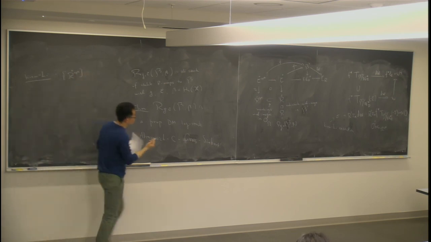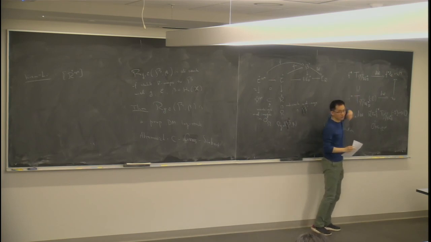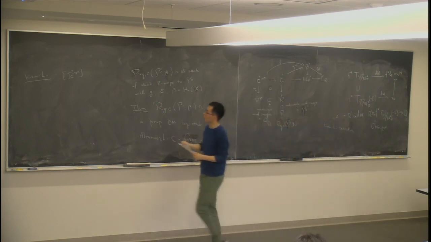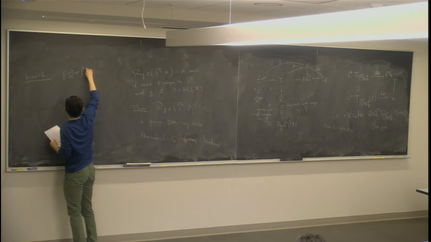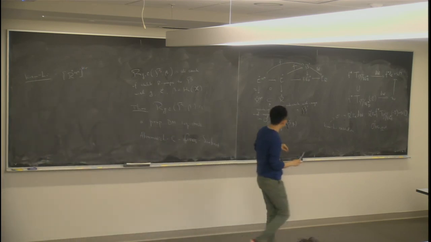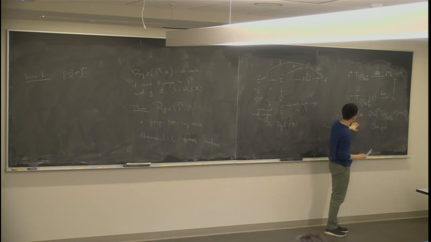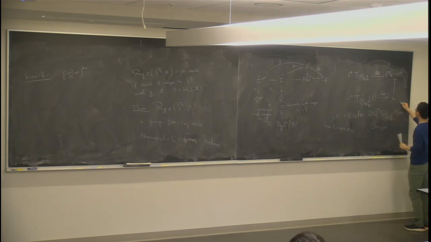So this stack has a natural perfect obstruction theory defined by this, or equivalently this. That would define us a virtual cycle. But why is it that you have a cosection? Why do you have a map to O? So this O is pi lower star of omega.